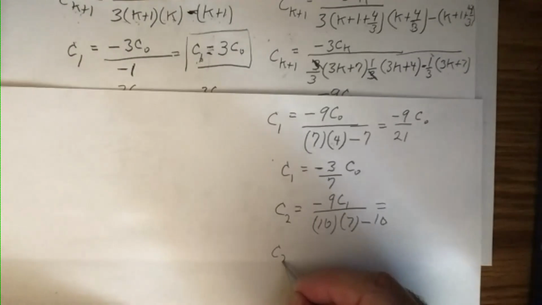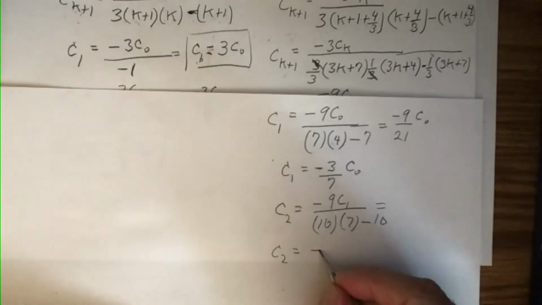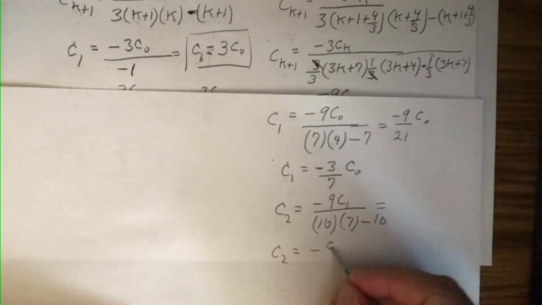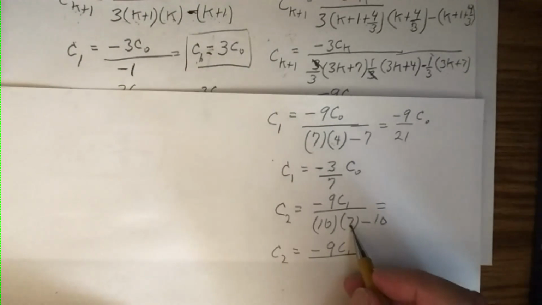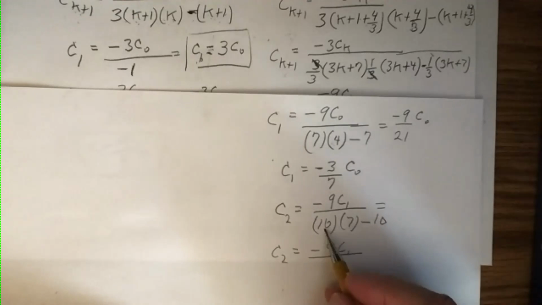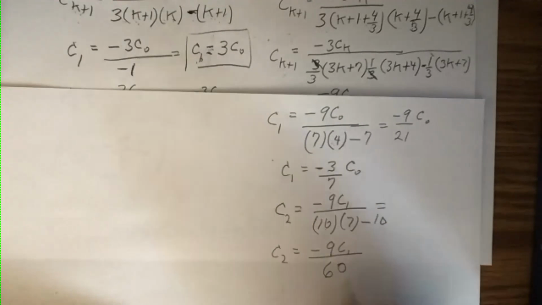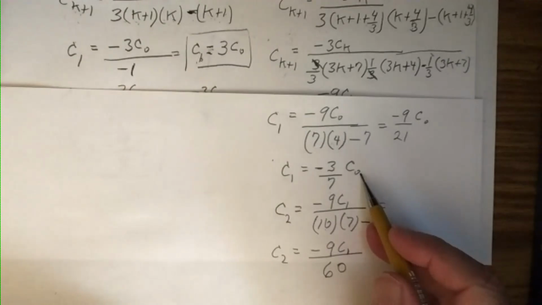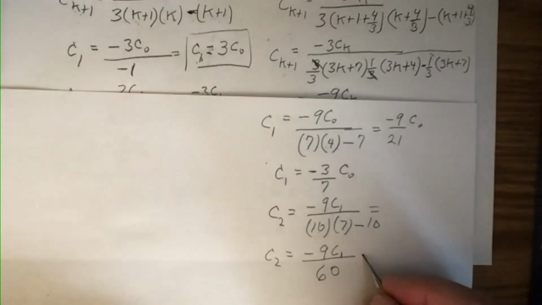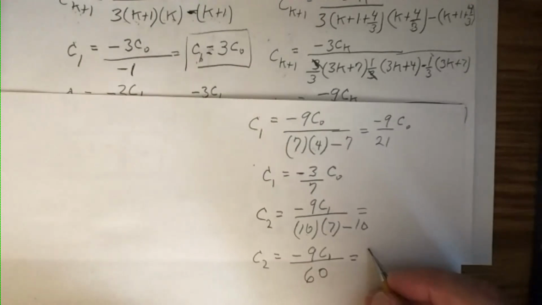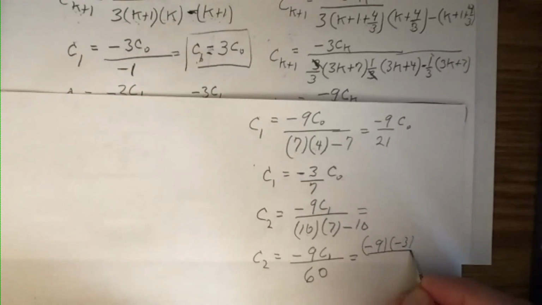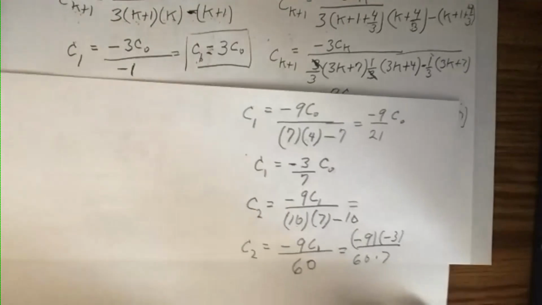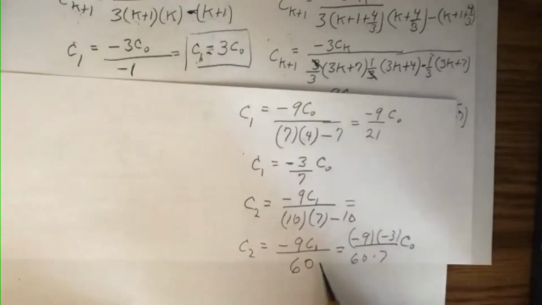Now C2 is equal to minus, 70 minus 10, so this is 60. But I want to get this in terms of C0. So this is going to be minus 9, then minus 3, 60 times 7, C0. In place of C1, I put in this here.